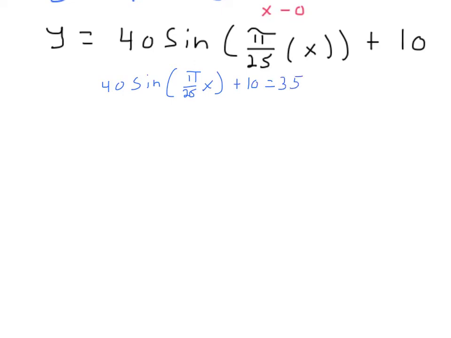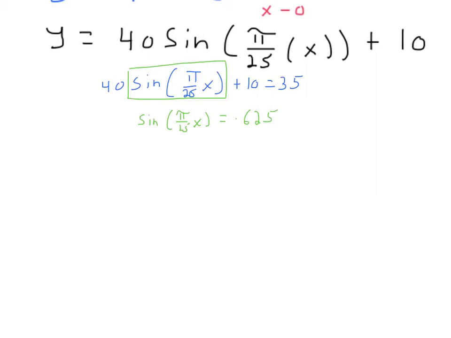Whenever we solve a trigonometric equation, we want to get the trigonometric part by itself. So we're going to subtract 10 from both sides and then divide both sides by 40. So the sine of 2 pi over 25 x is equal to, in reduced terms, 0.625.